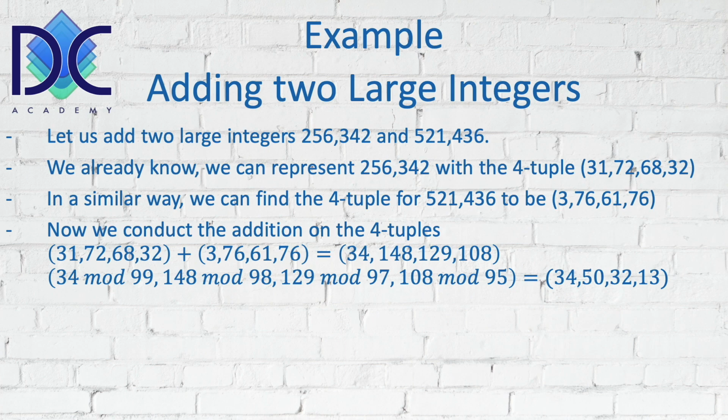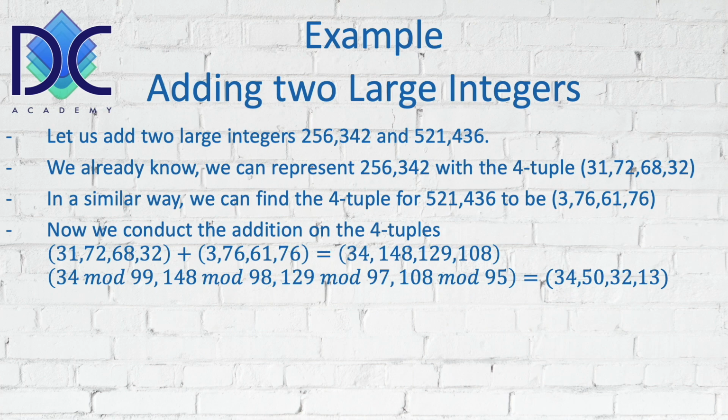So 31 and 3 is 34. 72 plus 76 is 148. 68 plus 61 is 129. And 32 plus 76 is 108.